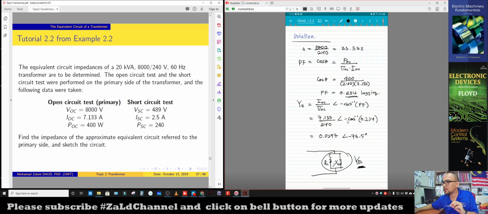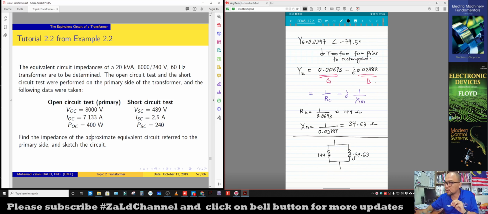This is for admittance, because we are going to convert it into 1 over RC and 1 over XM. Basically, this is actually plus 1 over JXM. For the calculation you have to be careful of that.